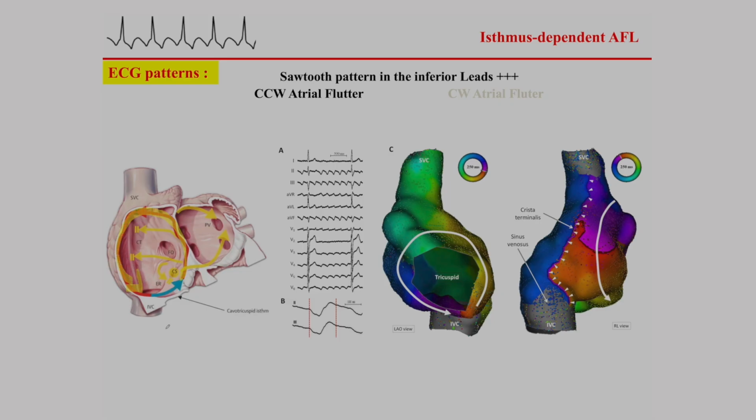And on our right, we have this nice demonstration with a high density activation map showing the circuit with this color code from the red one to the purple, and counterclockwise rotation. Also, the 3D mapping helps us to delineate a region of functional block, as you see with these arrows, and that represents the crista terminalis between the SVC and the IVC.